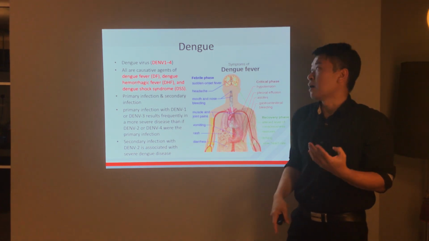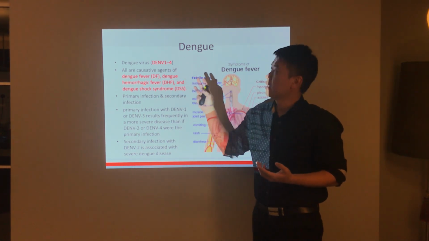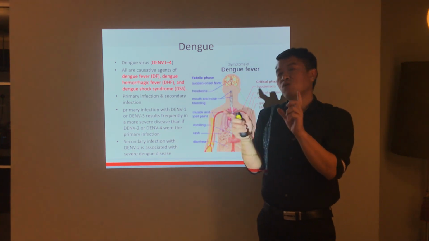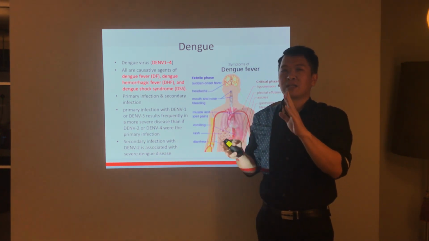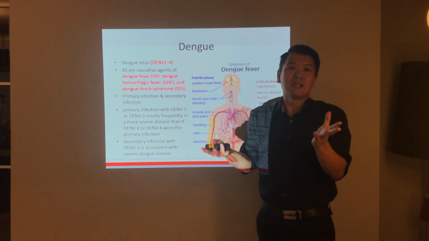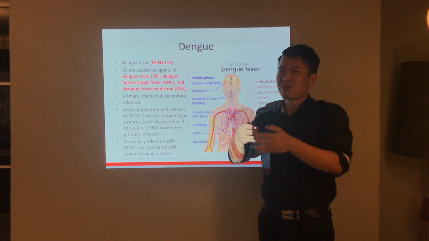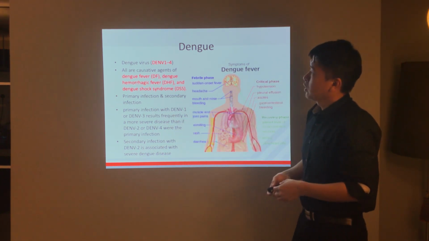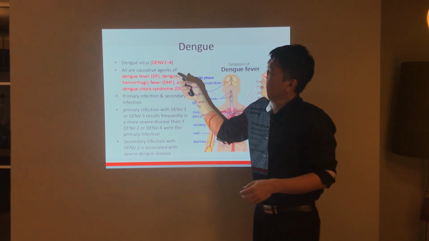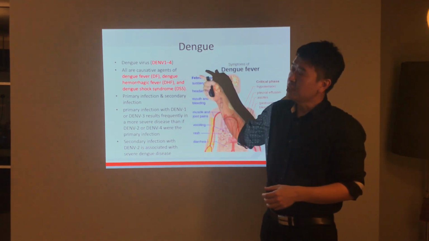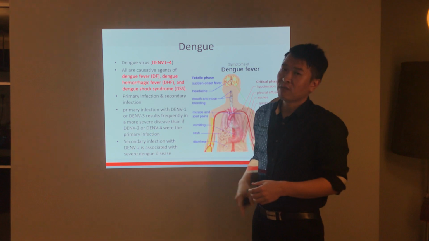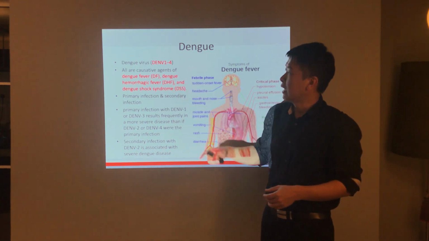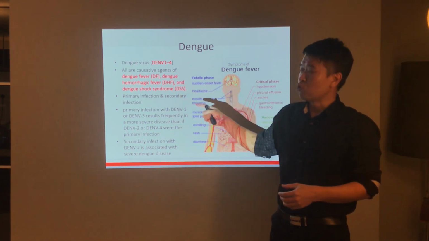There are 4 serotypes: serotype 1, 2, 3, and 4. The differences between these 4 serotypes is that they have 65 to 70% similarity. This is the virus that causes dengue fever, dengue hemorrhagic fever, and dengue shock syndrome.